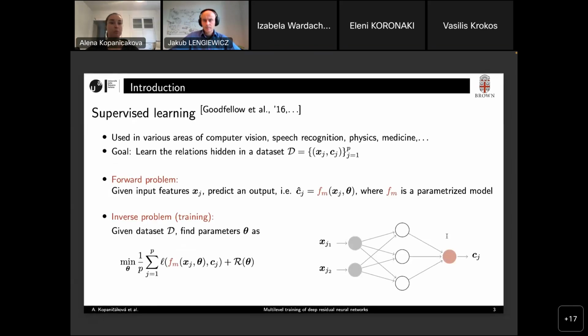We start with a brief introduction to supervised learning. As you all know, the field of supervised learning is very popular nowadays, and these methods are used in various areas of computer vision, speech recognition, but also in physics and medicine. I think I would have to dig deep to find an area where deep learning or supervised learning is not used nowadays.